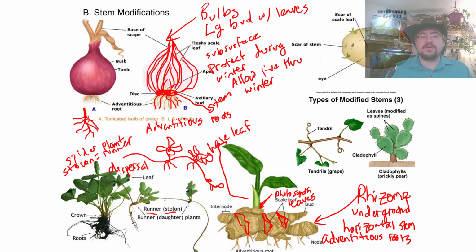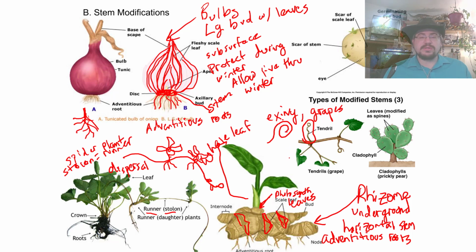Then we have tendrils, right? So you can see tendrils in things like ivy plants and grapes. These are examples. So basically a tendril is just a little extension of the stem that wraps around whatever it comes into contact with.